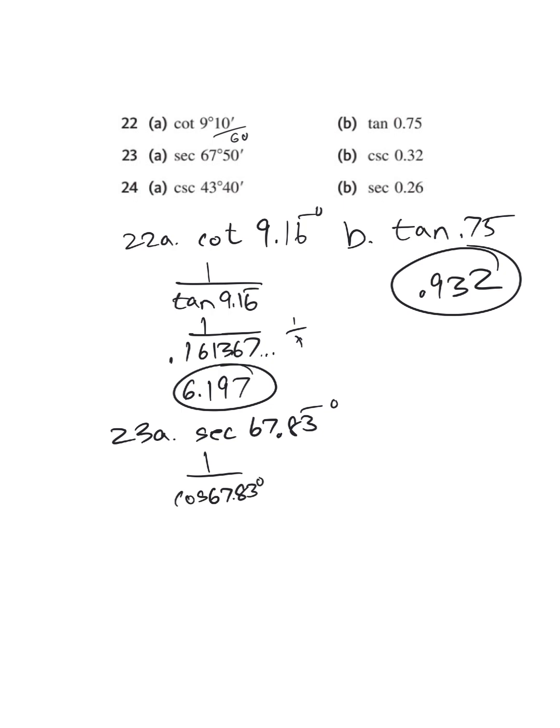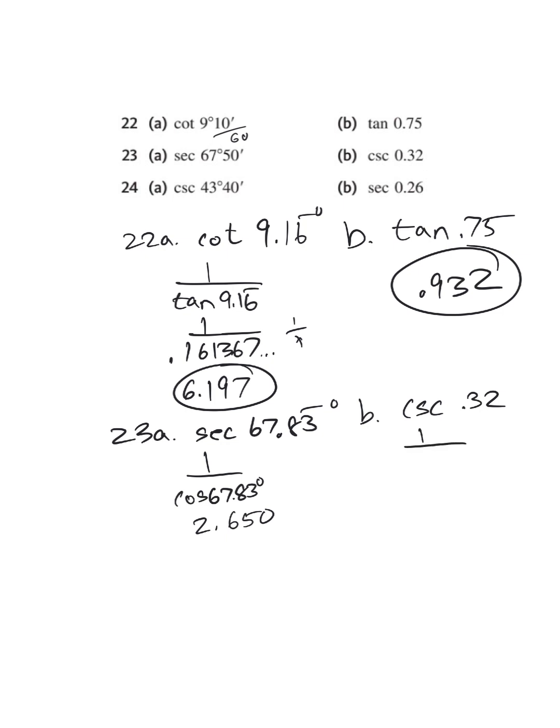So hit 67, make sure you're in degree mode, 0.833333. Take the cosine of that, and then hit the 1 over the x button, and you get 2.650.